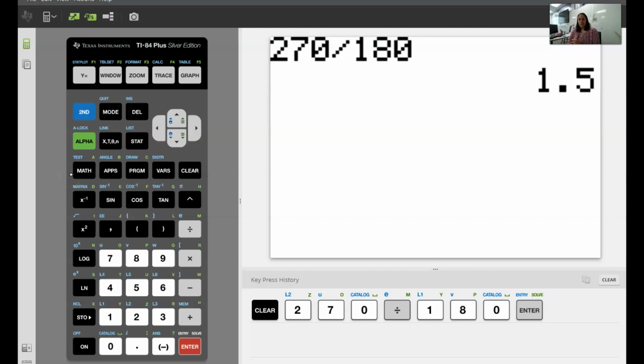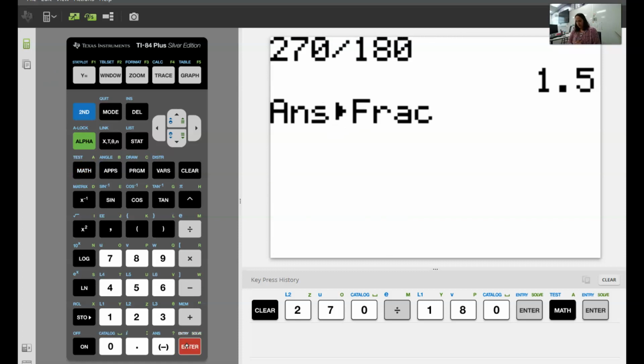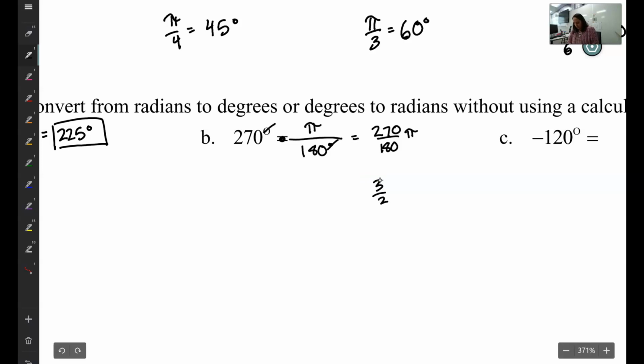If it's a weirder decimal that you don't know what it is as a fraction, you can hit math, and then number 1, the arrow fraction, so enter number 1, and then enter, and it converts it into a fraction in simplest form. So that's a quick trick to convert anything to simplest form fraction. So this is going to be 3/2 pi or 3 pi halves. You'll see it both ways, and either is fine.